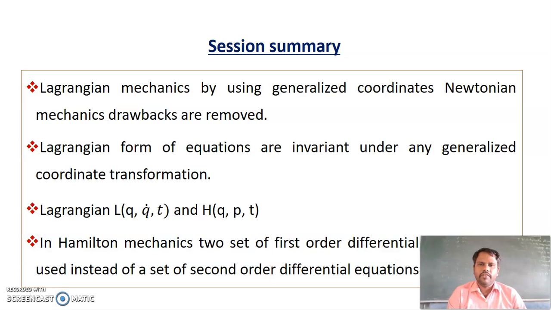So in this session, we have learnt how Lagrangian mechanics uses generalized coordinates to overcome Newtonian mechanics drawbacks. And the Lagrangian form of equations are invariant under any generalized coordinate transformation.